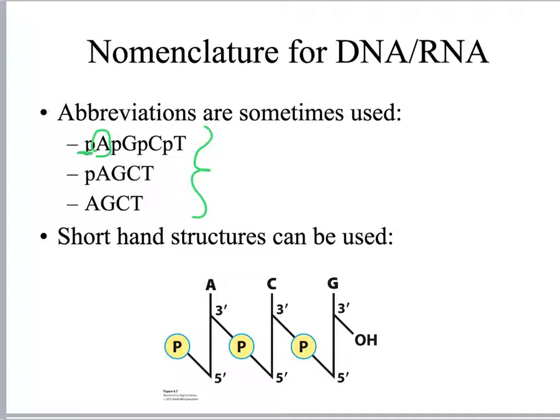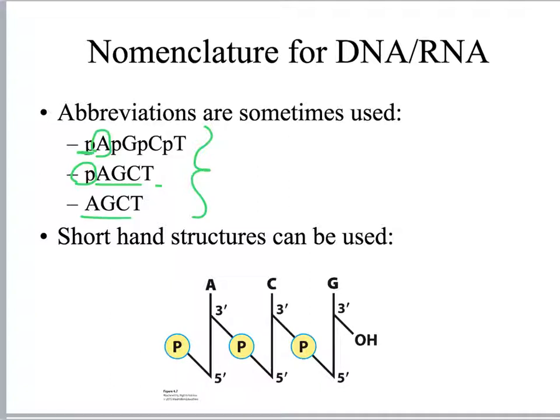This represents that phosphate group that's present between these structures, and it's implied that the sugar is present as well. Because we know that phosphate group is present along that sugar backbone, we can write it with the phosphate out front and then show the sequence of letters, which represent the bases that are present.